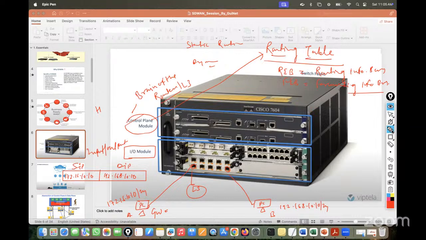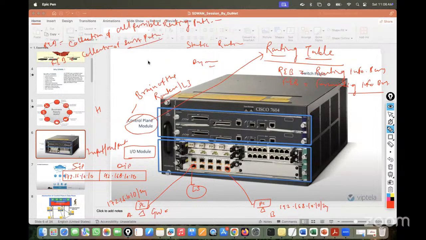Simply, RIB is the collection of all possible routing paths, right? That is RIB. But FIB is the collection of the best path. Just one thing.